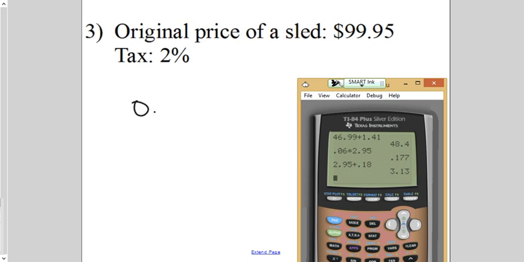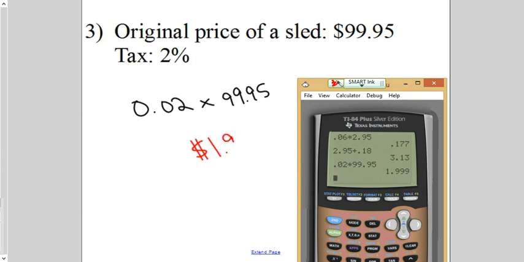Let's go find our tax. 0.02 times 99.95. Now, this is your tax right here. So what do we do?